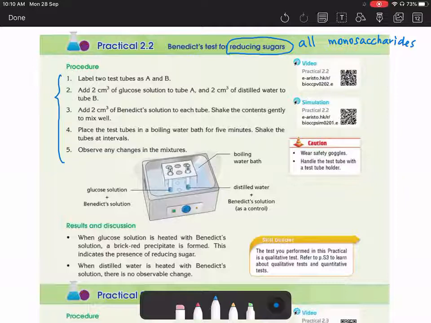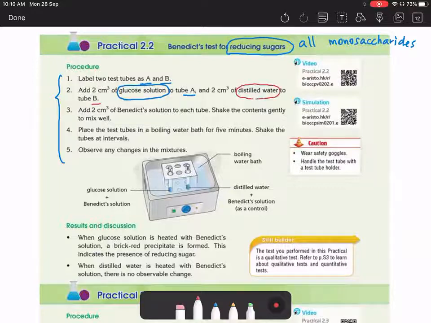I have 2 labels, tube A and B, okay? In A, I will put glucose solution. In B, I will add distilled water. Next, I will add Benedict's solution into both A and B. Of course, mix together, and then I have to shake them.